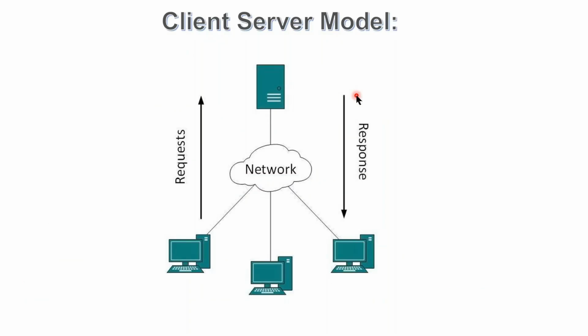Next one is the client server model. See here, this is the server. By using desktops or laptops, we can connect to our servers through either a LAN network, Wi-Fi, or a wide area network, whatever network we have. When we send a request to the server, it will give a response immediately. We can share the data in the server centrally and access the data from a central location.